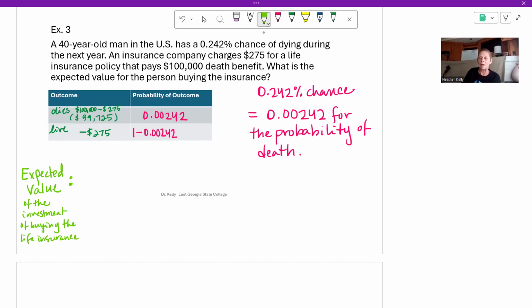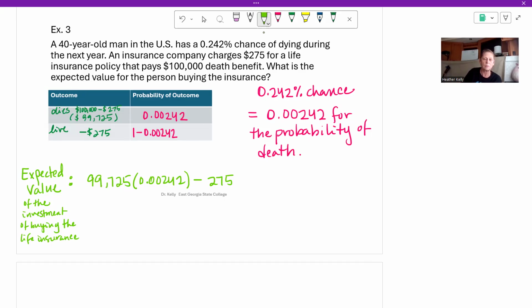You don't have to put all that in your explanation, but it wouldn't hurt. I'd love it if it was in your sentence, but I want to make sure you understand what it is that we're even crunching this number to get. So we have the outcome, which is 99,725 times 0.00242 minus the 275, because it's a negative right there.